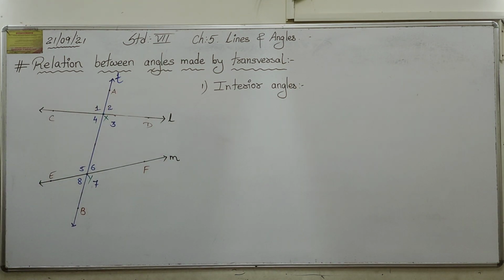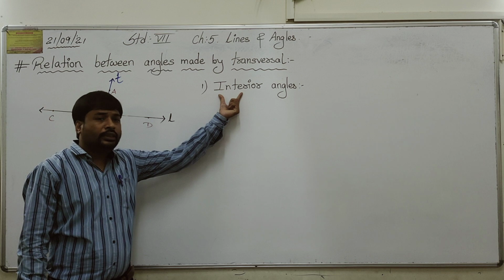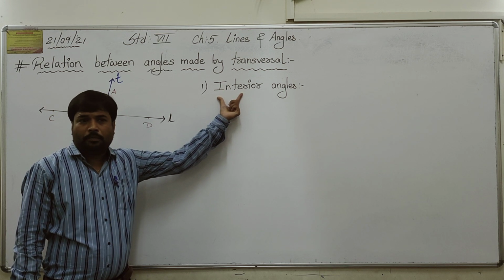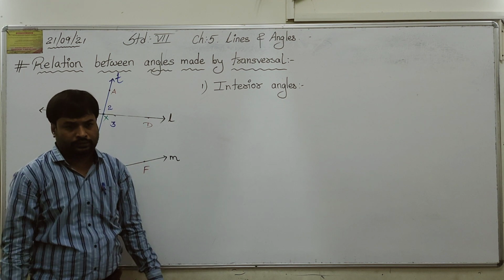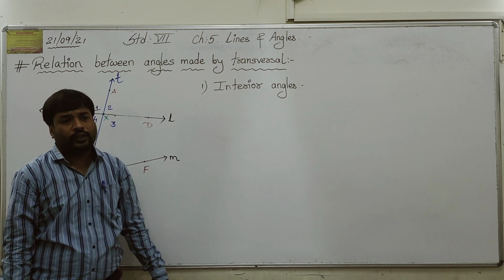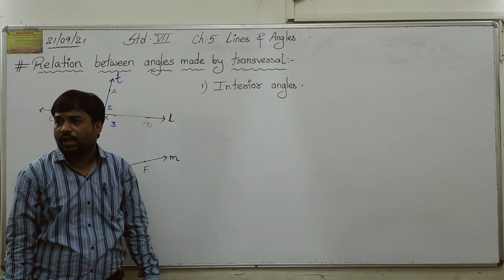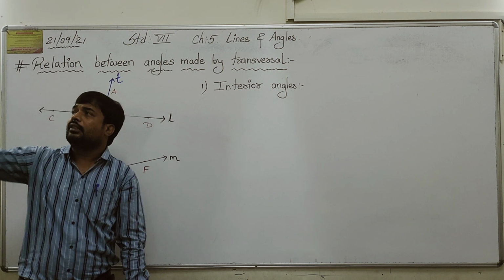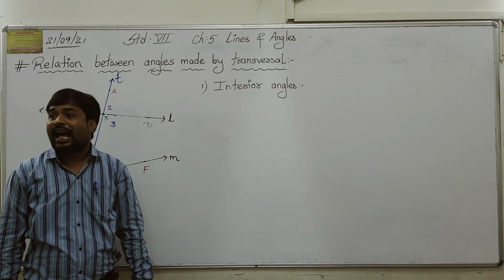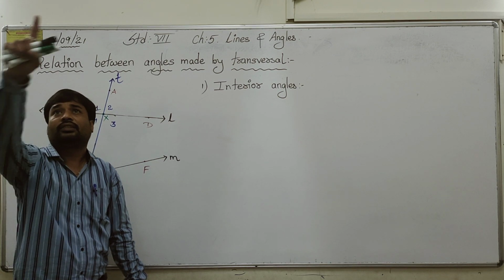So what are interior angles? The word itself says it: inter means the angles that are inside the given figure. I can say that this angle lies inside this column.